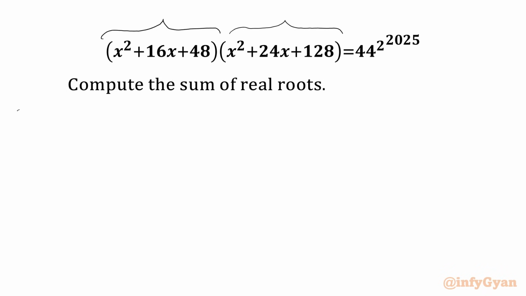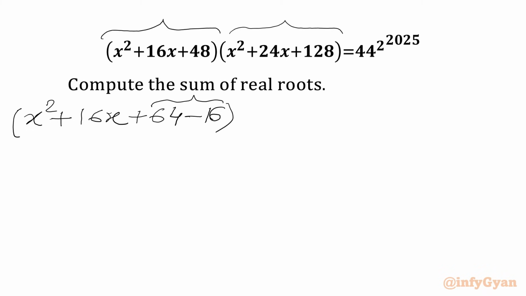So let me write the first bracket: x square, then we have 16x, then we have 48, which we can write as 64 minus 16. 64 minus 16 is 48.